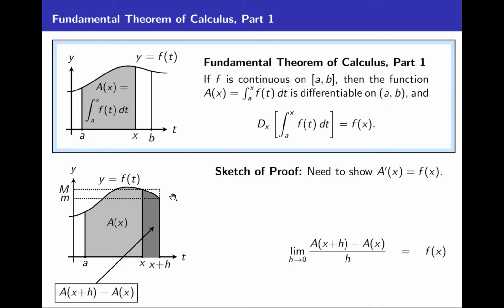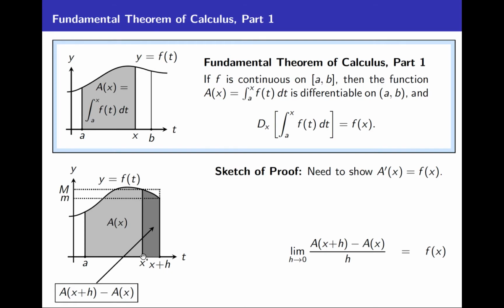Now, I want to point out that there's a little rectangle right here of height little m and base the distance from x to x plus h, which is h. That little rectangle right there is totally contained in the dark shaded area.